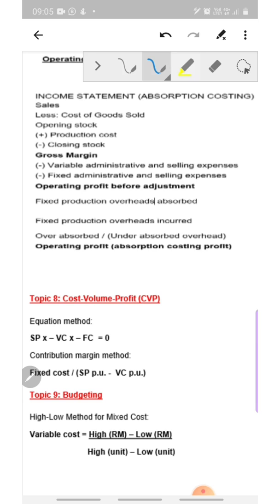The only difference in absorption costing is to identify fixed production overhead absorbed and fixed production overhead incurred. Let me tell you how it will be. Fixed production overhead incurred is the FPOH given in the question. Usually they give you one lump sum 1 year amount, so you just take that and put it inside the format.